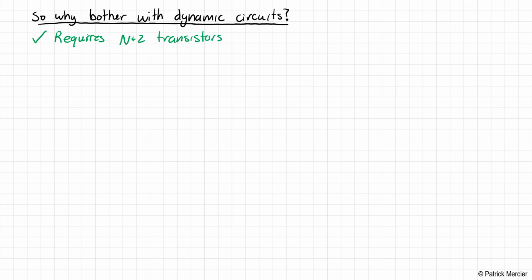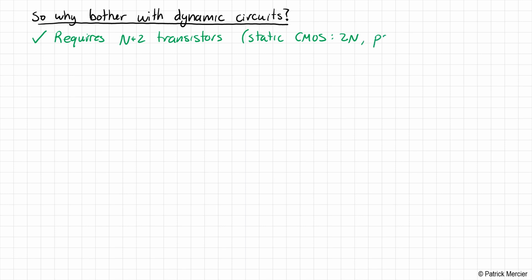Now that's true for purely dynamic logic. Of course, for domino logic, that becomes n plus 4 transistors, where n is the number of inputs. But this is much better in some cases than static CMOS, which requires 2n transistors. If you have n inputs, you need n NMOS devices and n PMOS devices.